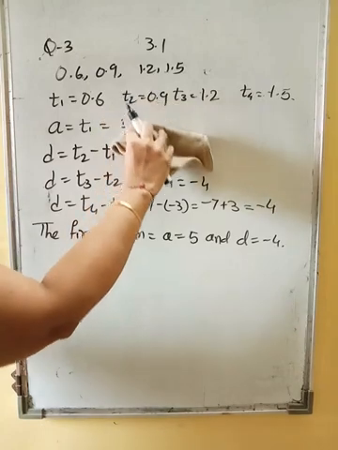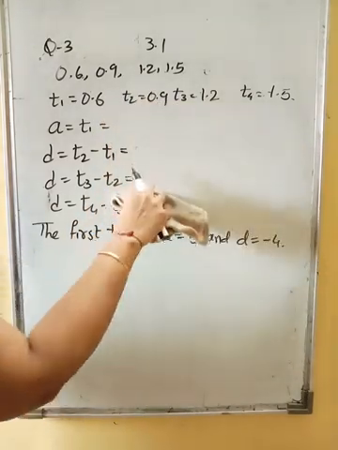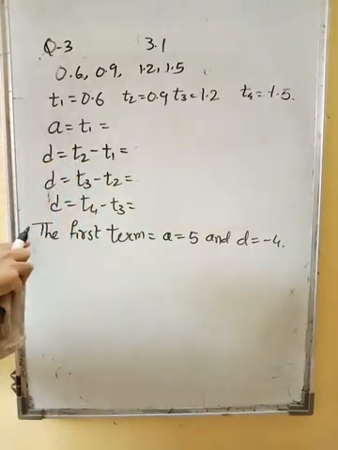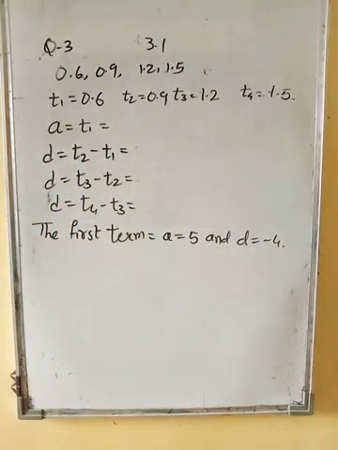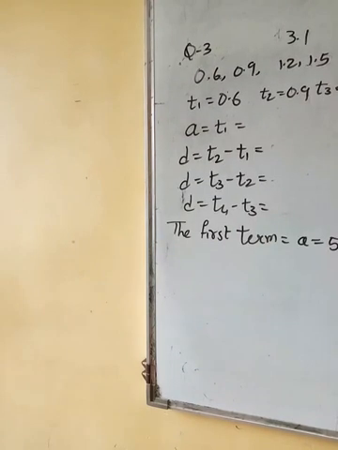After that, see, purposely I am writing in this manner so that you understand the steps are same. The steps are same. So just write down what is T1, because that is same as A, so it is 0.6. And thereafter we will be finding the difference.